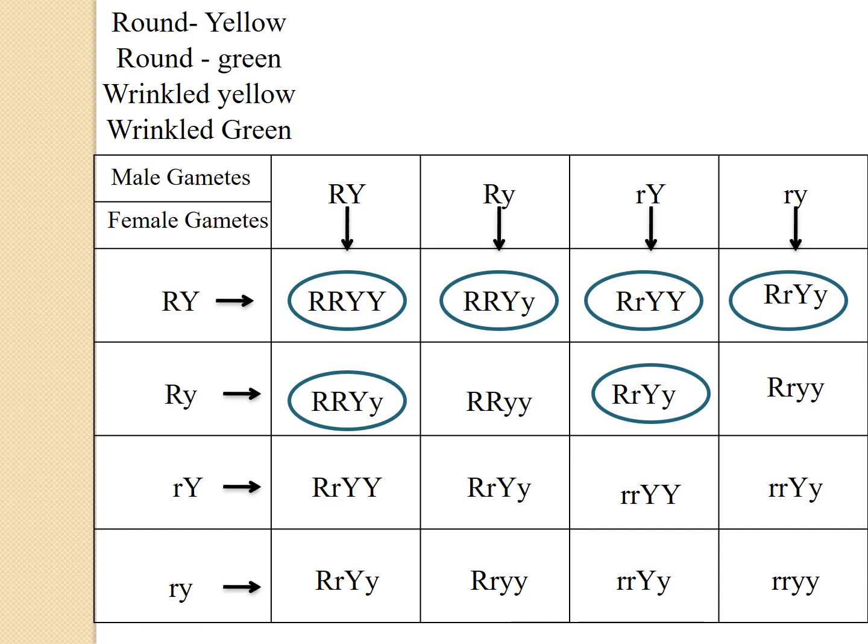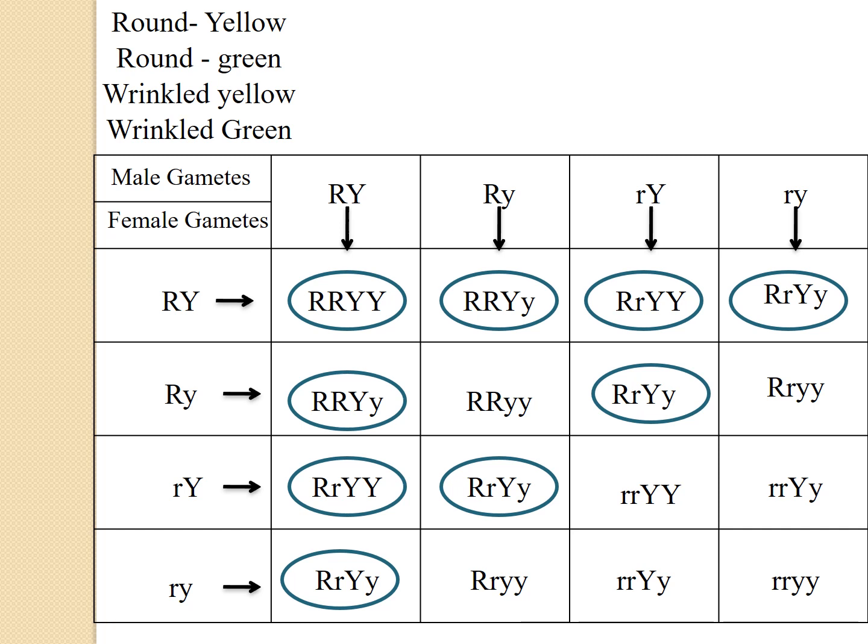So wherever you have capital R and capital Y, only those places you have to circle. That is why I've left that. Next, here also capital R, capital Y, capital R, capital Y, capital R, capital Y.